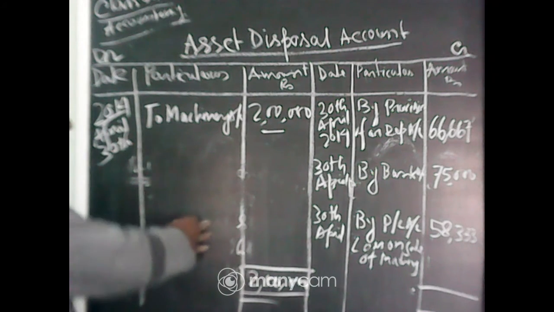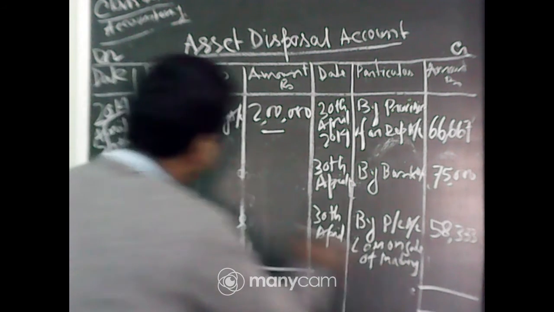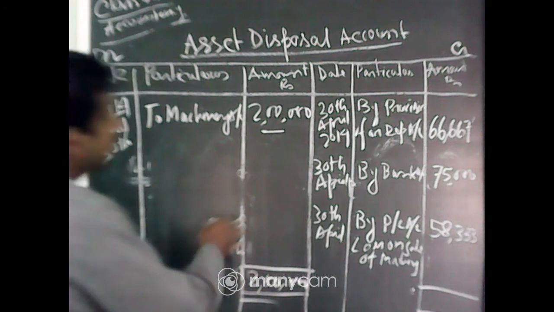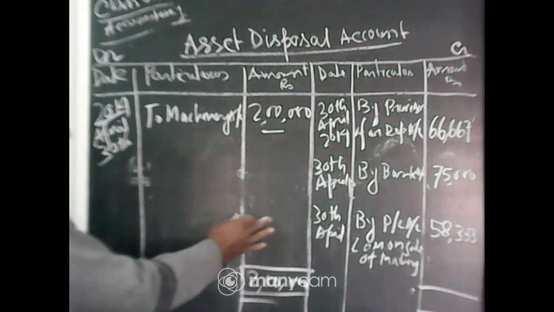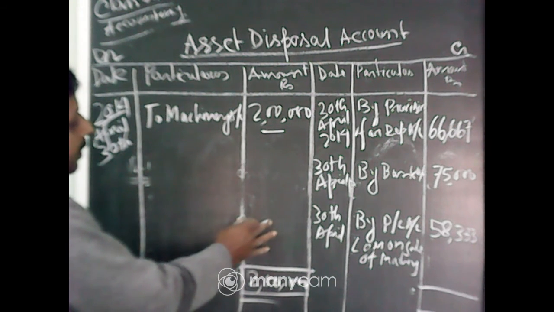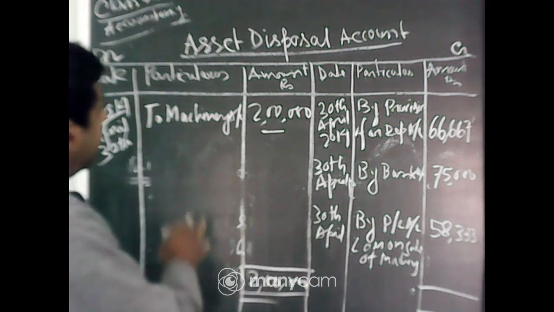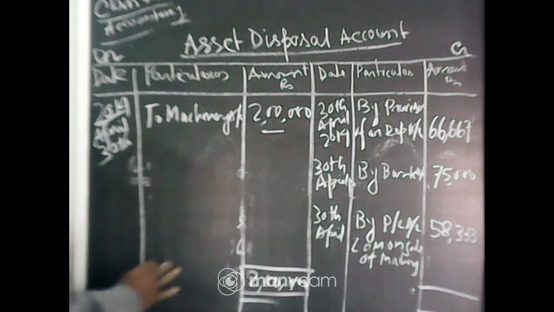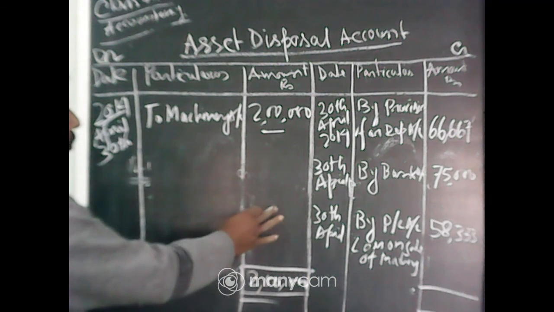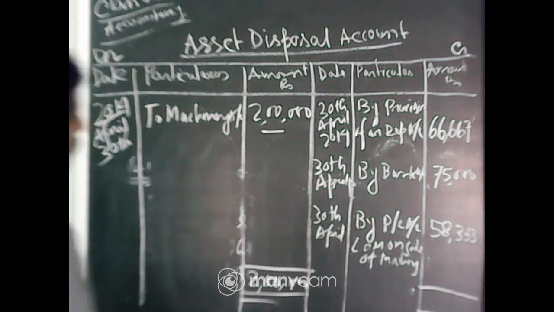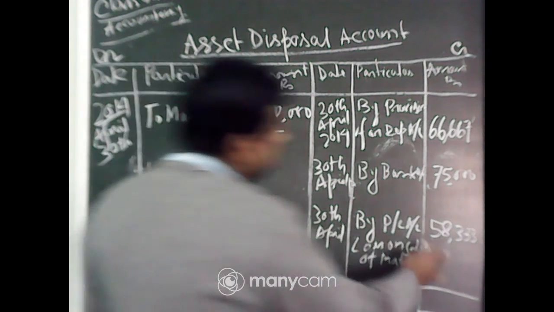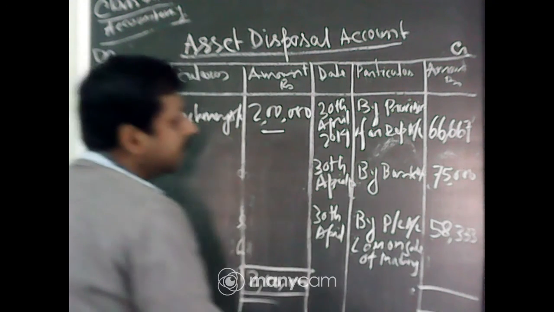If there is a profit, meaning the credit side is more and the debit side is less, then the balancing figure comes on the debit side. That means profit, and asset disposal account debit to profit and loss account will be the gain on the sale of machinery. But when the credit side is less, the loss has happened.